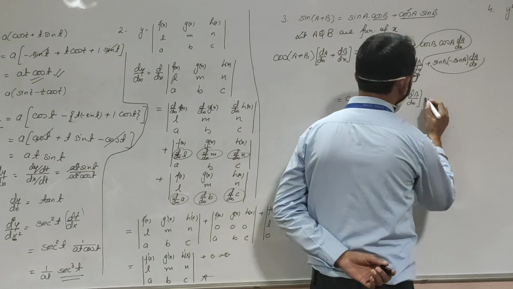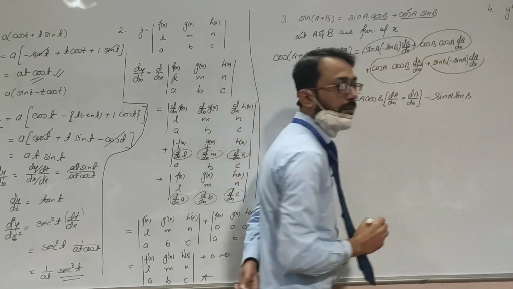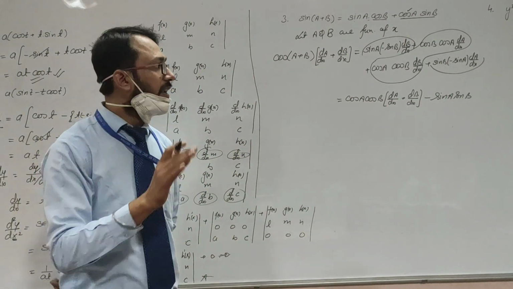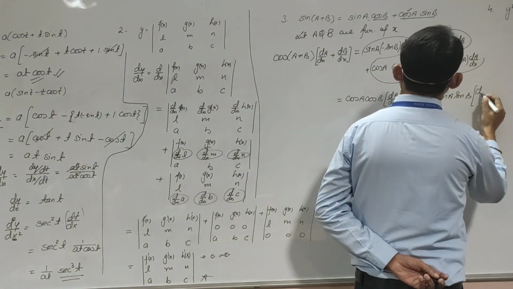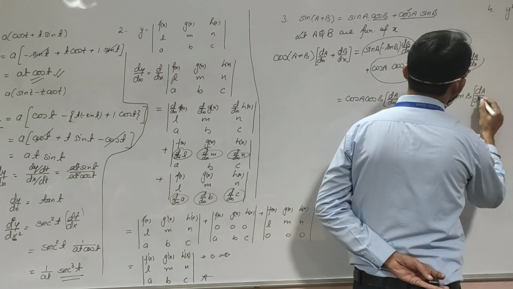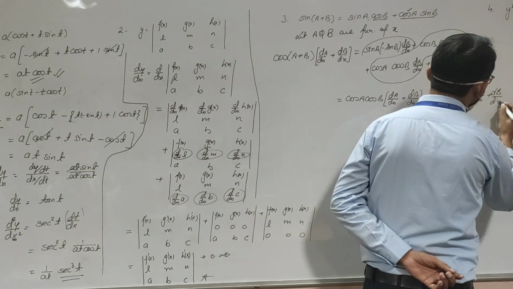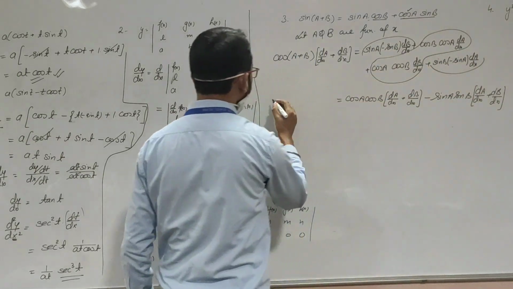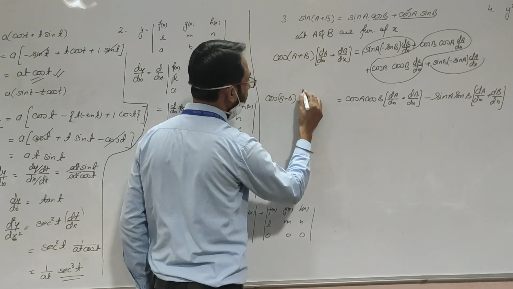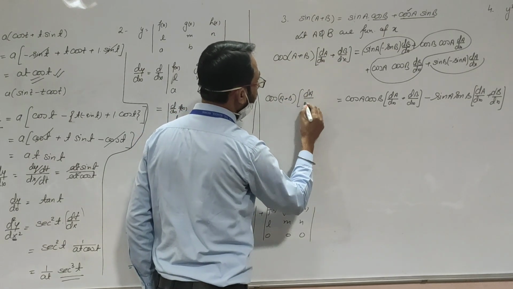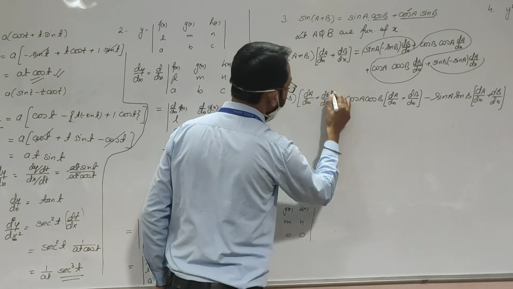Minus sin A sin B is common, and the left out part is dA/dx plus dB/dx, equals to cos(A+B) times dA/dx plus dB/dx.